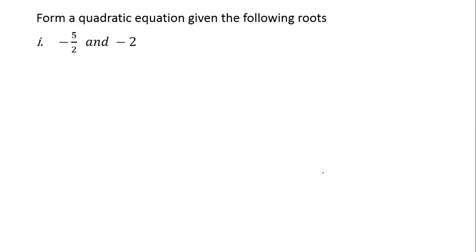So let us look at the next one. We have roots -5/2 and -2. Still we are going to find the sum. So sum of roots equals -5/2 minus 2. Because this 2 is not in the form of a fraction, we say it is over 1.